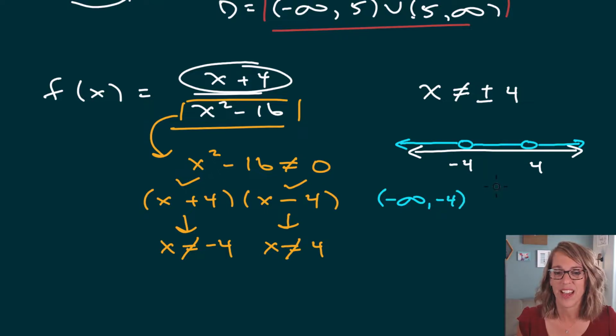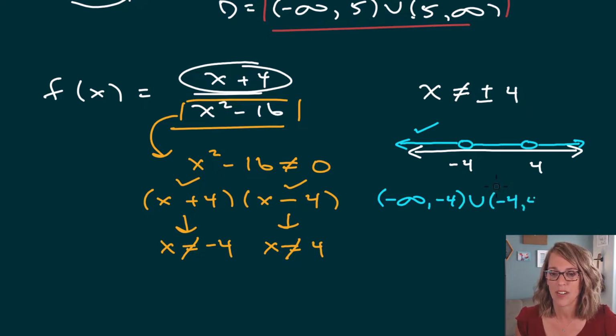I'm not including that, so parenthesis, union, that takes care of the first section. The middle section now is going to be between negative 4 and 4, so negative 4 to 4, and then union 4 to infinity.